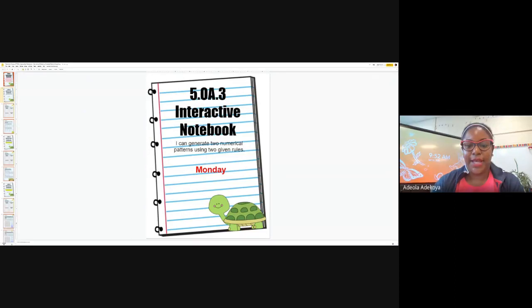If you would, write the I can statement in your interactive notebooks with the date. Today is Monday, September 14, 2020.